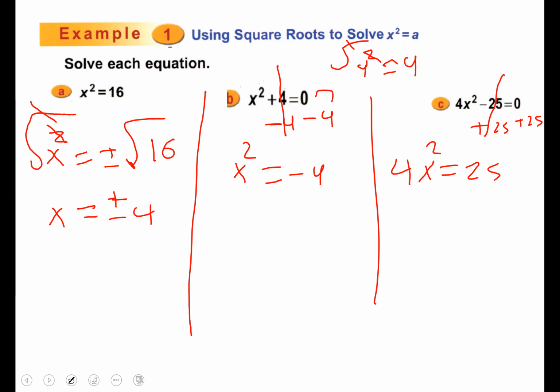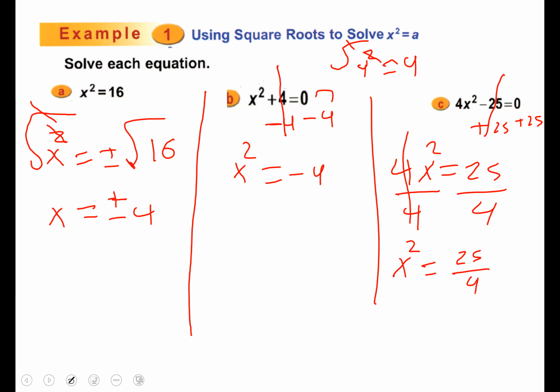And now, guys, you have a coefficient of 4, and the coefficient must be 1. Then you are going to take the inverse operation, 4 times x squared. If you want to cancel 4, you are going to divide by 4. Both sides divided by 4. And you can cancel 4 over 4. What's left? x squared equals what? 25 over 4.